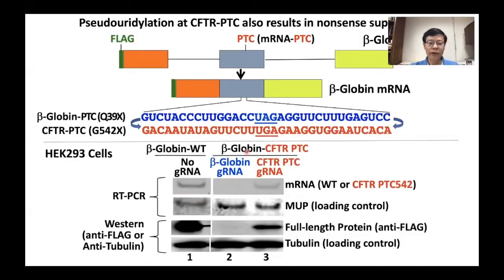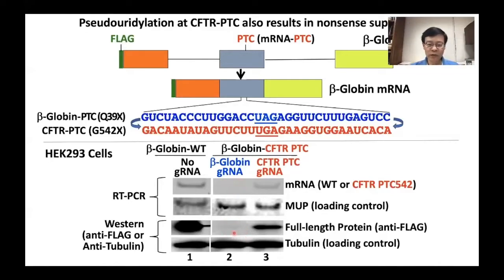But now, if we introduce cells with the CFTR PTC containing beta-globin gene, co-transfected with either control guide RNA or CFTR PTC specific guide RNA, then we measure messenger RNA and protein again. As you can see in this lane, as the control guide RNA is co-transfected, there is no RNA detected, and the same is true for protein.